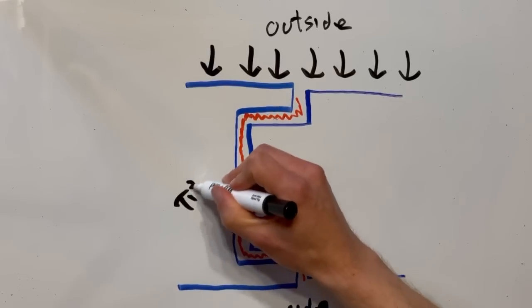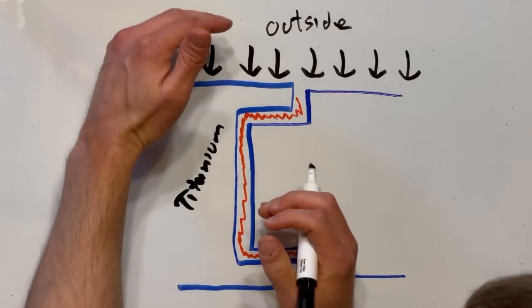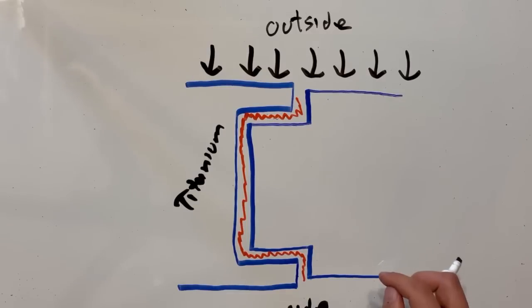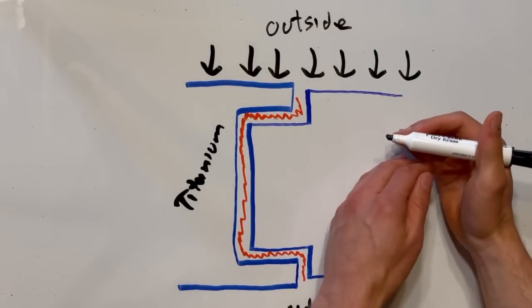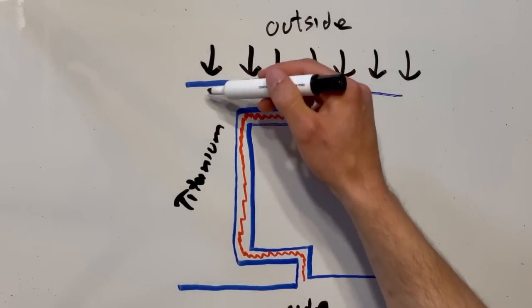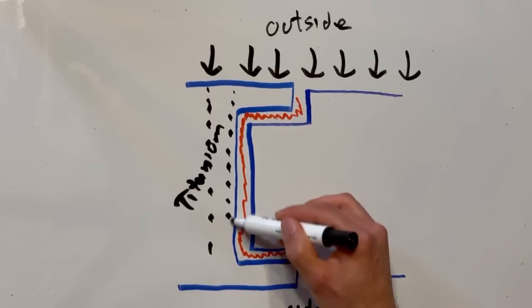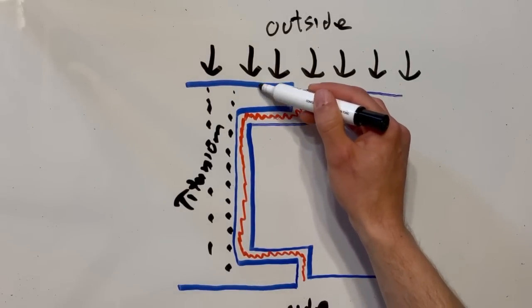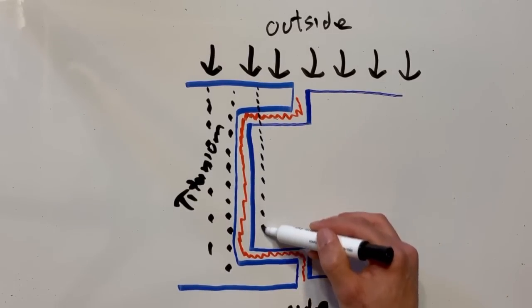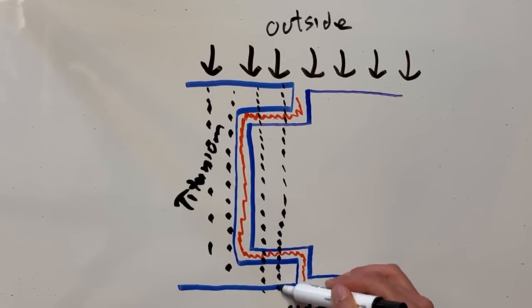The titanium over here is going to compress and react differently to the uniform water pressure on the outside than the carbon fiber. For example, you have all titanium over here, all titanium here. Now all of a sudden, if you start going down through here, you're getting a little bit of titanium and a little bit of carbon fiber, a little bit of titanium, a little bit of carbon fiber.